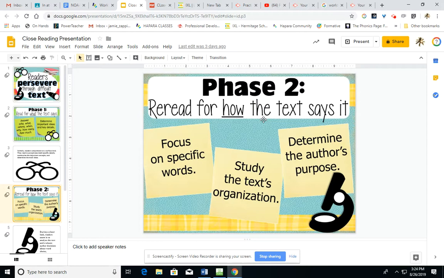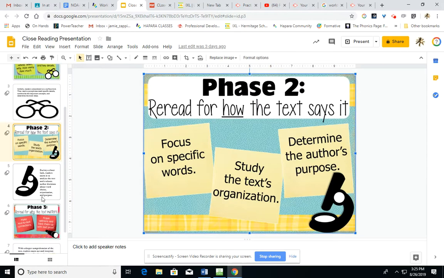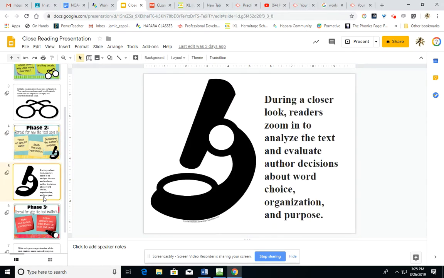As we reread, we're looking at it a little more closely under that microscope, looking at the way the author set it up on the page. So text organization comes into play, focus of specific words, and maybe deciding why the author chose to include them comes into play. So we really look closely in that second read at why the author chose what they did for their word choice, for the way they set it up.